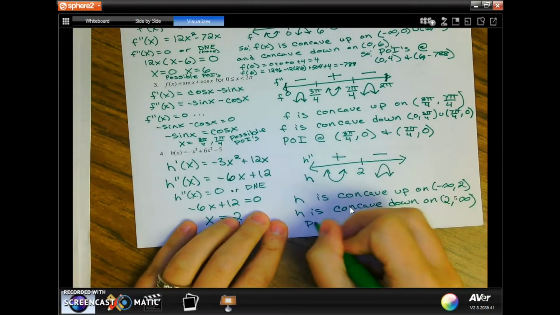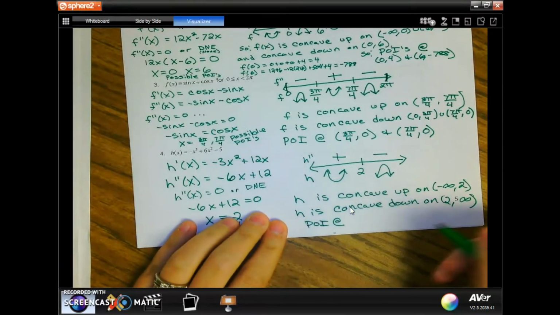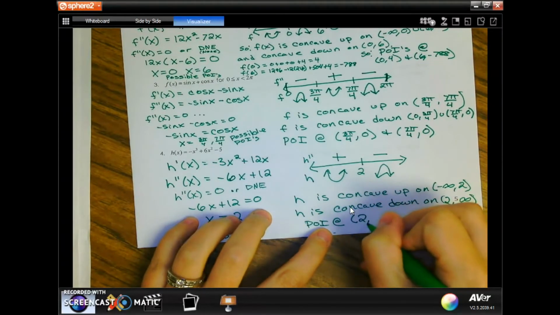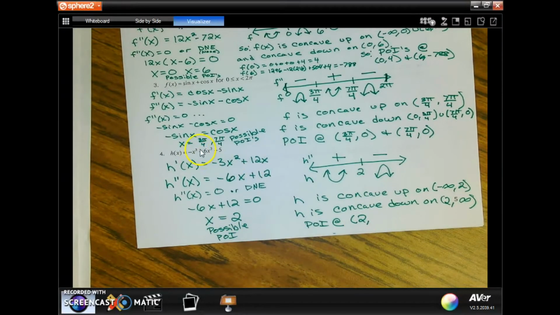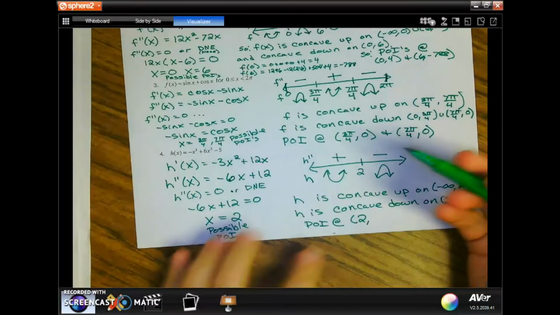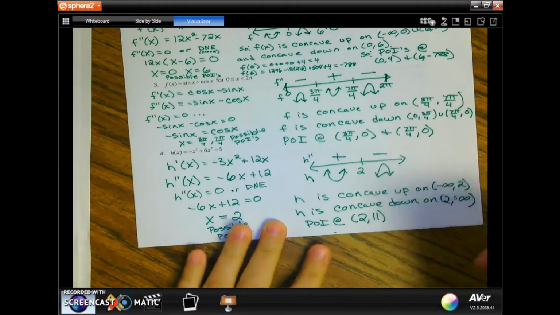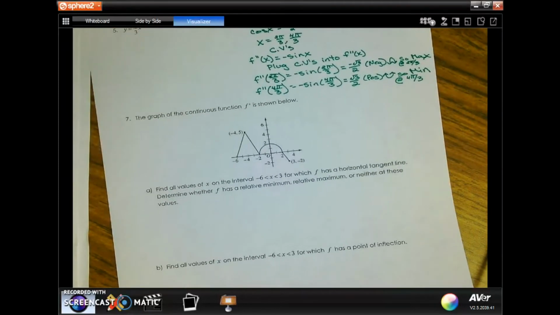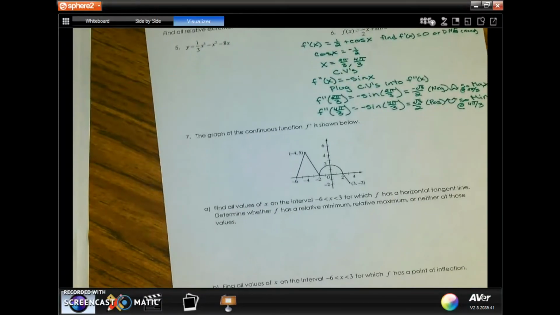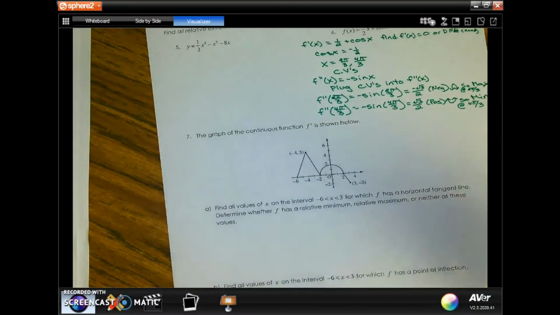You could say POI at 2, comma, and to get that y value, you would take this 2 and plug it in there. So you're going to have a negative 8, and yeah, negative 8 plus 24 minus 5 gives you 11. Okay, moving on to the back of the worksheet, the second half.